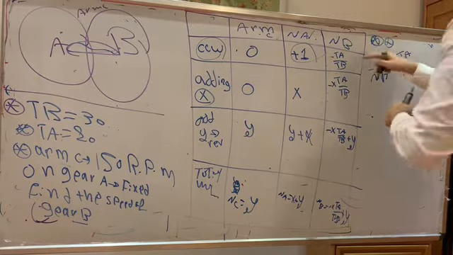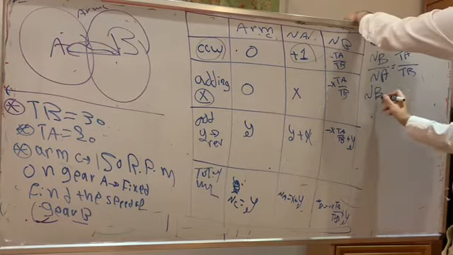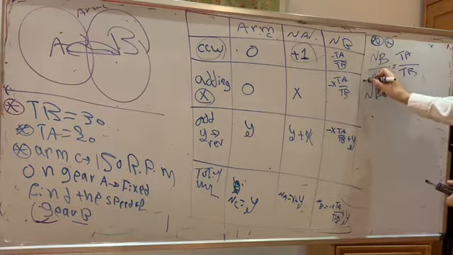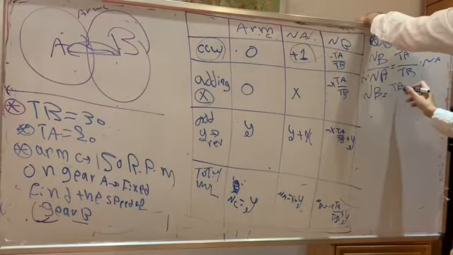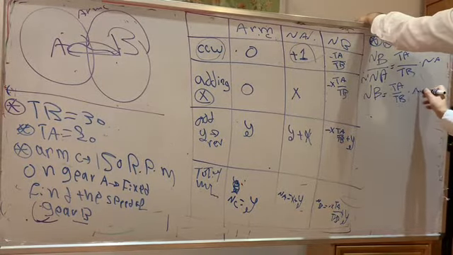I want to have NB, so multiply here with NA and multiply here with NA. I will have TA over TB multiplied with NA.